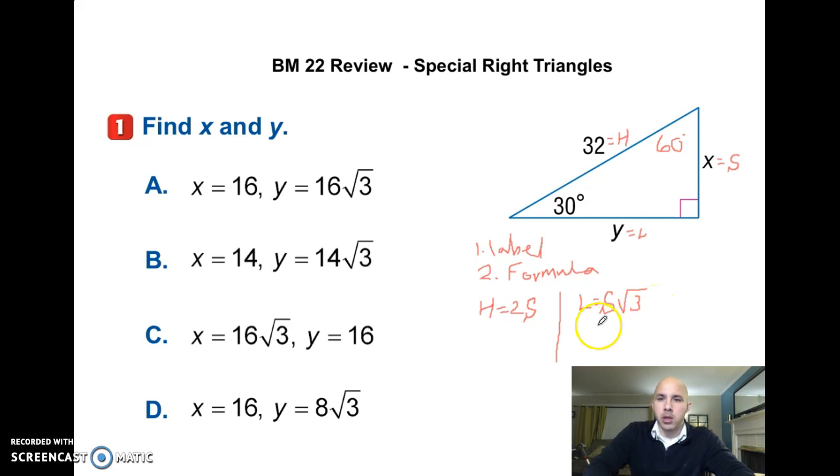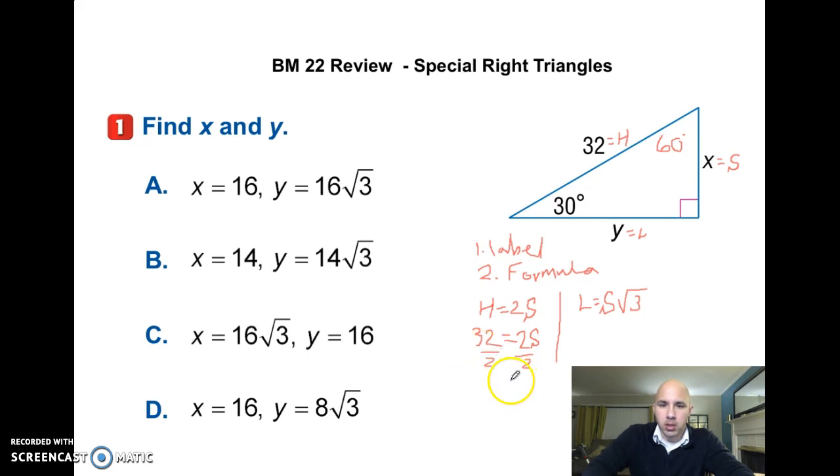All right, let's see what we have here. Hypotenuse is 32. So I'm going to substitute this in. 32 equals 2s. We're going to divide each side by 2. Pretty easy.